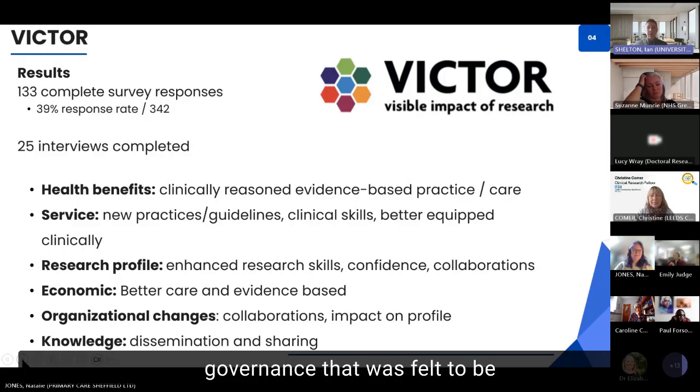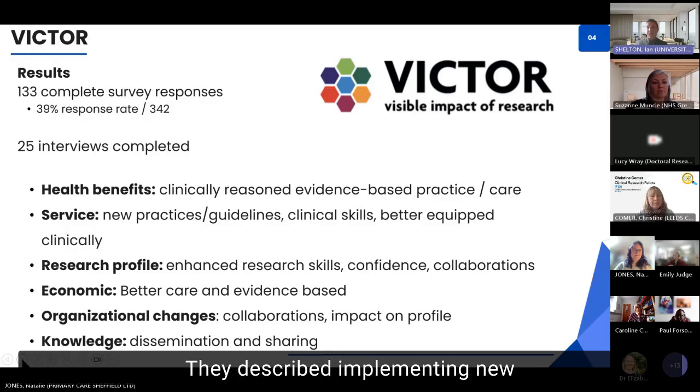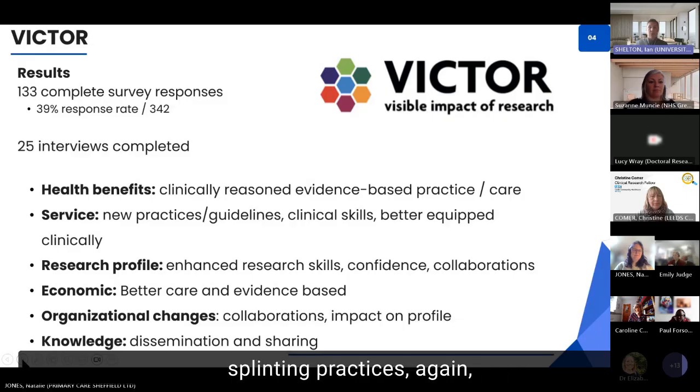Safety and governance was felt to be enhanced by the rigorous RCT protocols. At service and workforce level, they described implementing new splinting practices, updating guidelines and shifting towards more patient-centred care. And the overall positivity for the research skills and confidence was kind of overwhelming from these people.